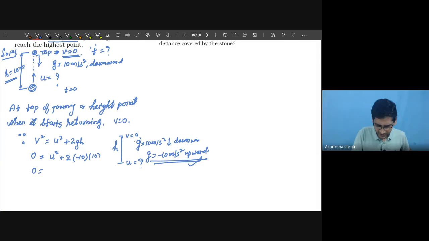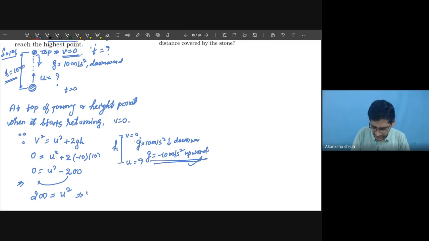So it becomes 0 is equal to u square, take this minus outside, 2 into 10 into 10, which becomes 200. Can we write like this? Surely we can. So bring u square on this side, or 200 on the left-hand side. So 200 becomes positive and is equal to u square.